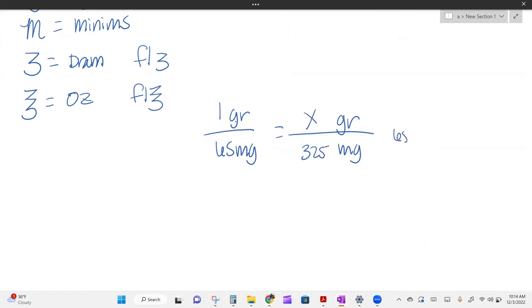So if we do 65x equals 1 times 325, we do the multiplication first and get 325 over here.